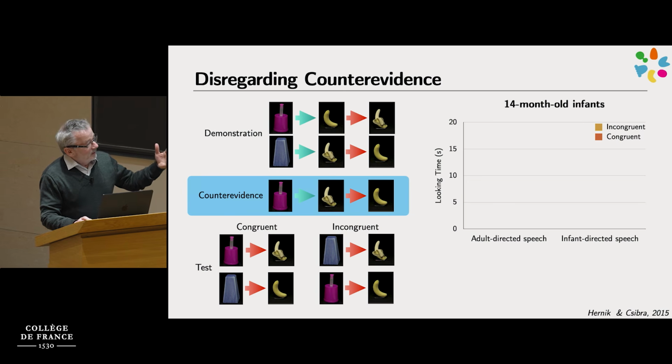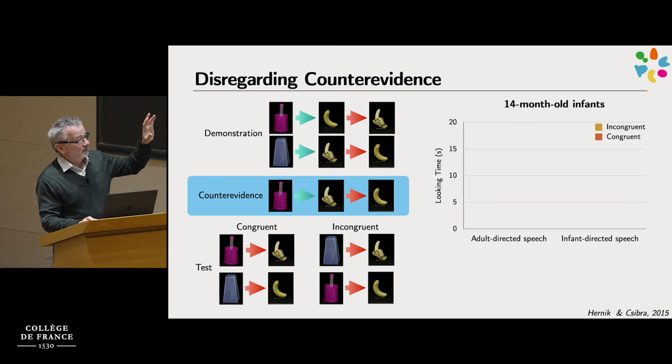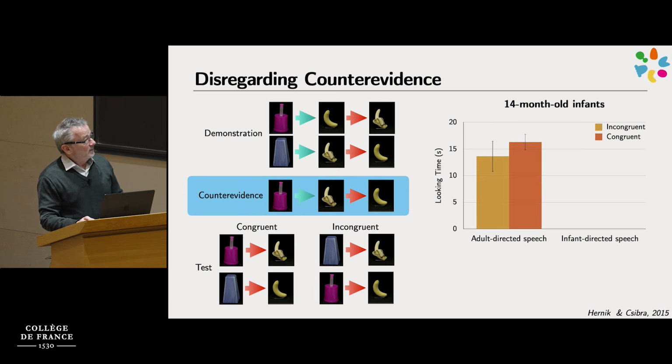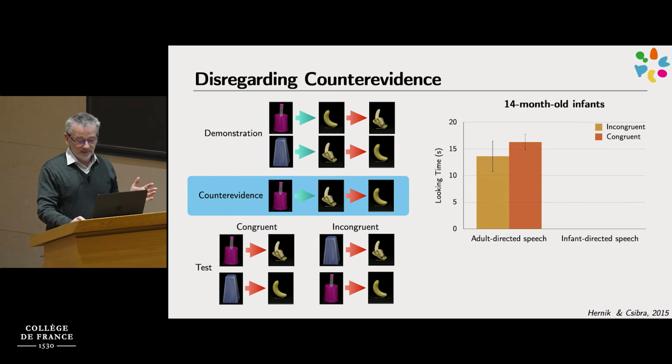And so again, the original demonstration of these object functions was done in a communicative or non-communicative way. Here it is done by either accompanying the demonstration with adult-directed speech, which is not for the infant, or with infant-directed speech, which would say that it's a demonstration for them. So if there was adult-directed speech, then after this counter-evidence, they completely lost the mapping, so they did not care which objects did what, right?